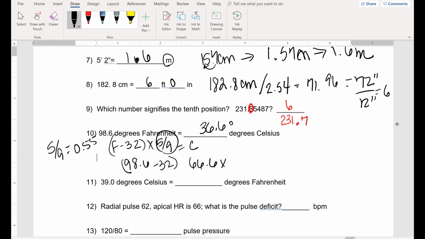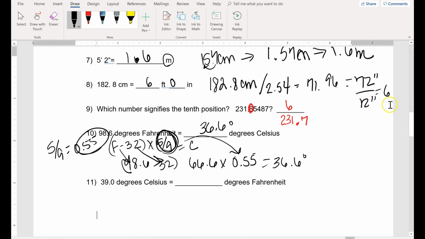Okay? Everybody see how I got there? Okay, this is my Fahrenheit here. I'm subtracting 32. My 5/9 is the 0.55, which comes down here. I get 36.6 degrees.